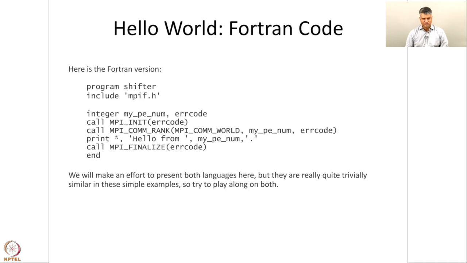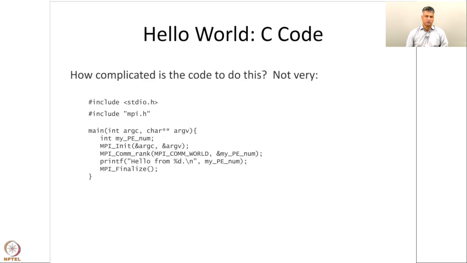All of these functions between Fortran and C are almost exactly similar, except that there might be a couple of places where the input variables might be slightly different. For example, in Fortran, you have to specify what error code is to be returned, whereas if you go back to the C code, by default, MPI_Init does return some integer value if you would like.